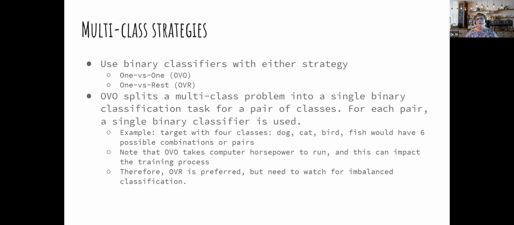Easy peasy. So now, this is going to be confusing because you're going to see binary classifiers on the screen and say, wait a minute, this is multi-classification. I don't get it. I'm going to explain. So multi-class strategies use combinations of things. So it actually takes pairs of possibilities and it compares them using either a 1 versus 1 or OVO or 1 versus rest, OVR.